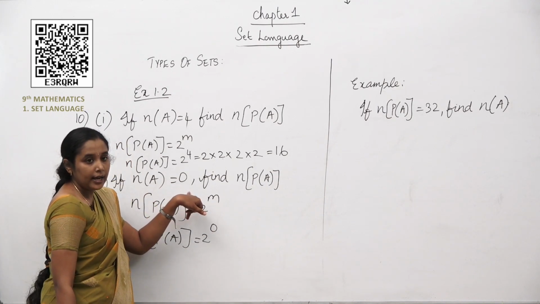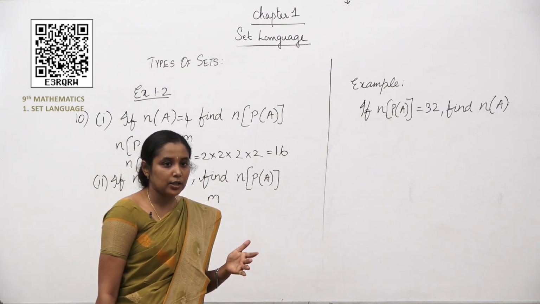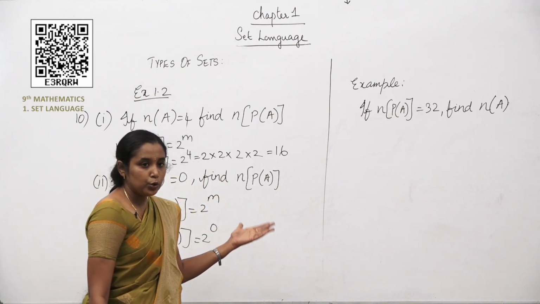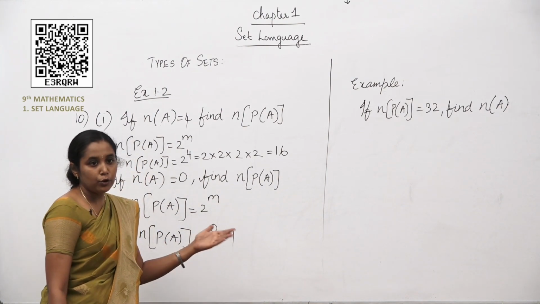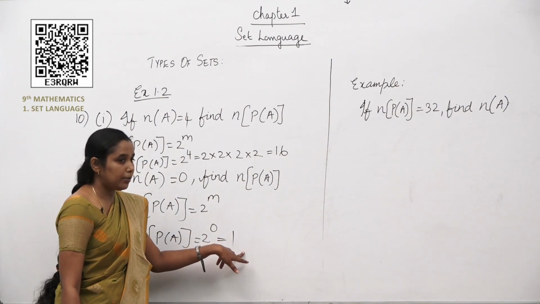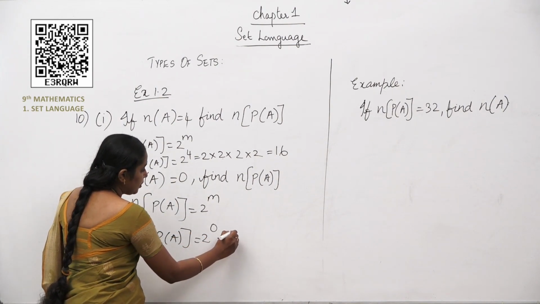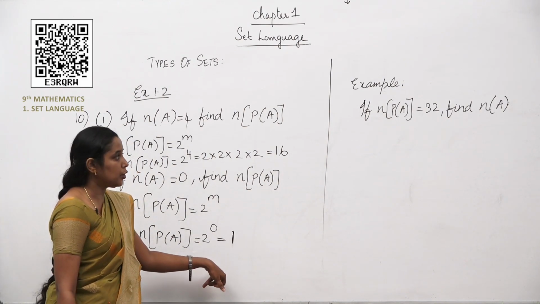So here n of A is equal to 0. So any number raised to the power 0 is what? 1. 2 to the power 0 is equal to 1. So 3 to the power 0, 4 to the power 0, any number raised to the power 0, it will be 1. So here n of P of A is equal to 1. Number of elements in a power set is equal to 1.